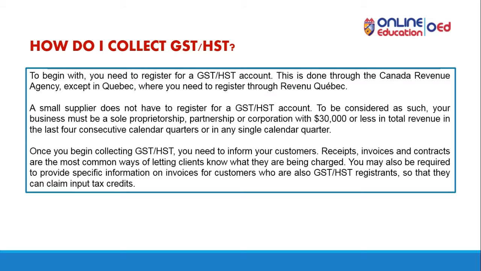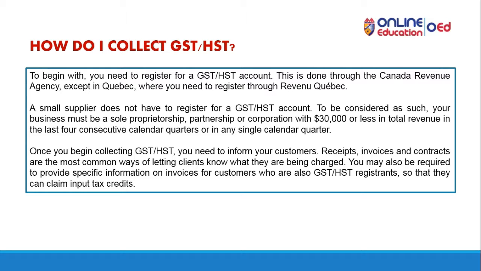So once you begin collecting the GST and HST, you need to inform your customers. It's like in the Philippines, they usually inform the customers not verbally, but they know that they are being charged by the receipts. The tax being charged is usually seen on the receipts.